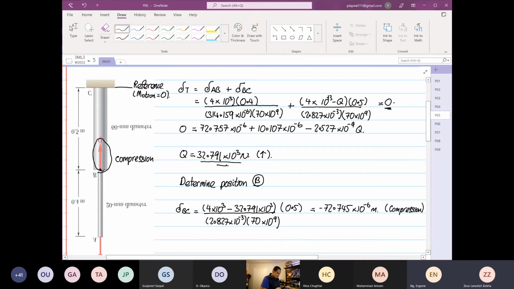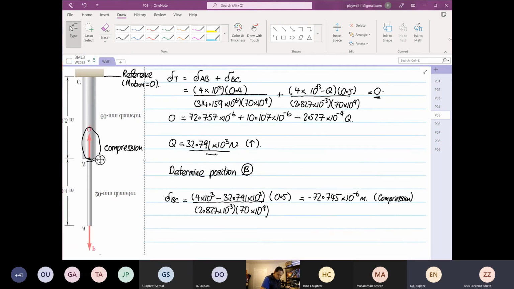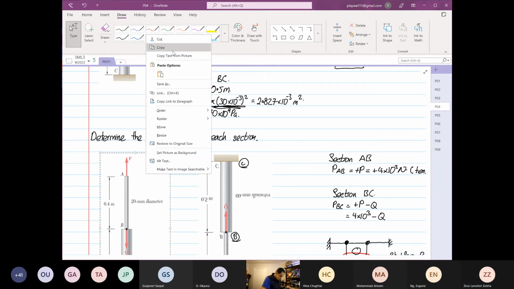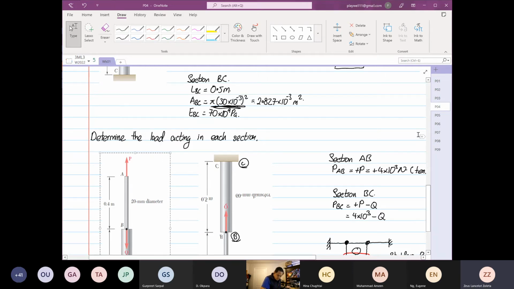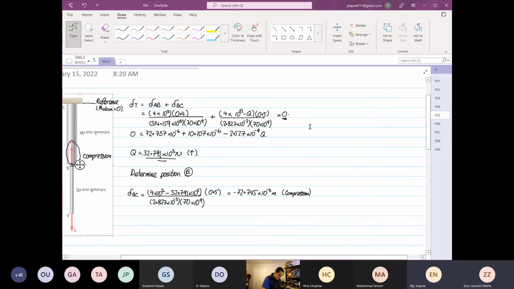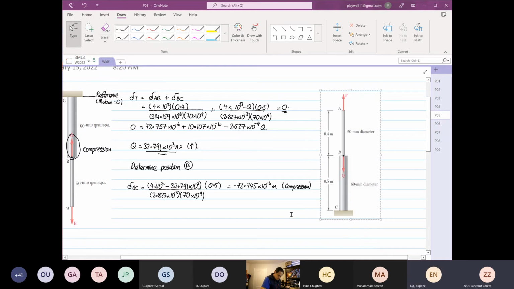Okay, so if we were to come back to the actual problem, it's still compression. If we just turn it the other way around, compression means what?